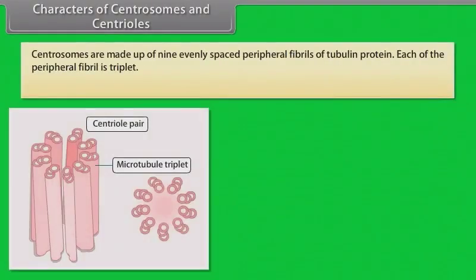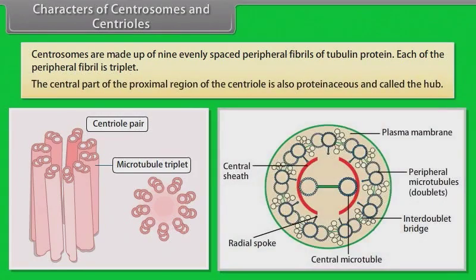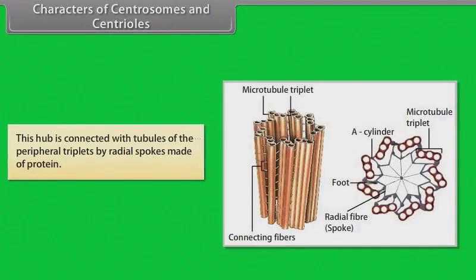Centrioles are made up of 9 evenly spaced peripheral fibrils of tubulin protein. Each of the peripheral fibrils is a triplet. The central part of the proximal region of the centriole is also proteinaceous and called the hub. This hub is connected with tubules of the peripheral triplet by radial spokes made of protein.